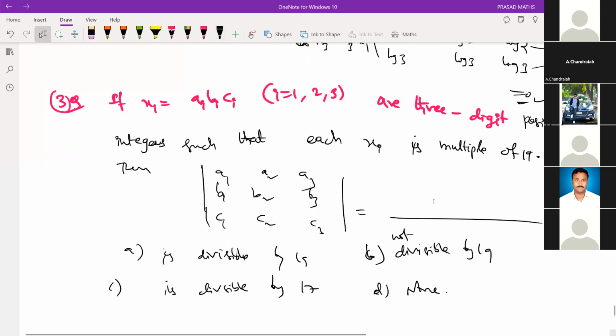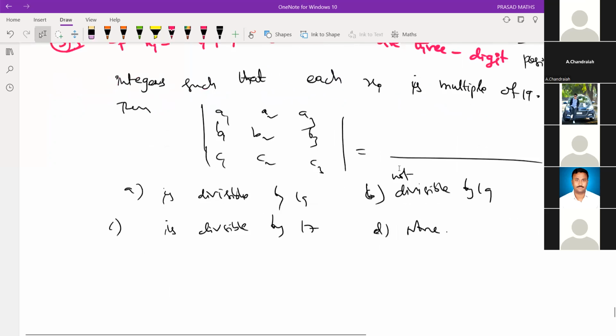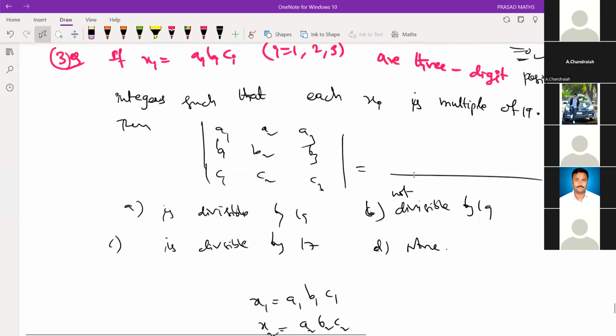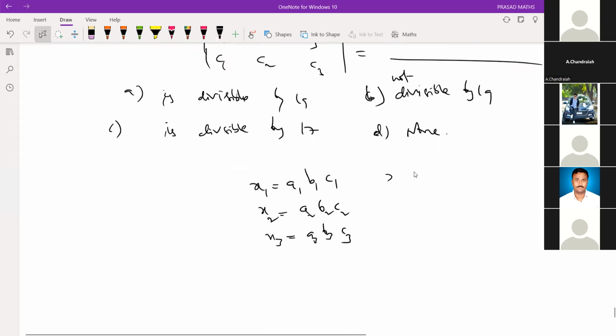Tell me, 3-digit positive integers. What is my x1? x1 is a 3-digit positive integer. x2 is a 3-digit positive integer. x3 is a 3-digit positive integer. And each xi is a multiple of 19.